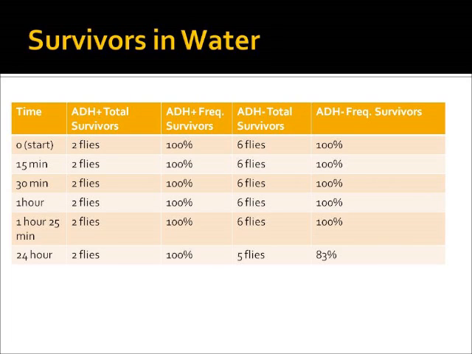For each of these intervals, we collected data on how many flies were still present, moving, and alive, and recorded it under survivors. As you can see, the ADH plus frequency in water was 100%. No flies passed away, and in ADH minus, the frequency was 100% until the 24-hour period, when it dropped to 83% because one fly had died.